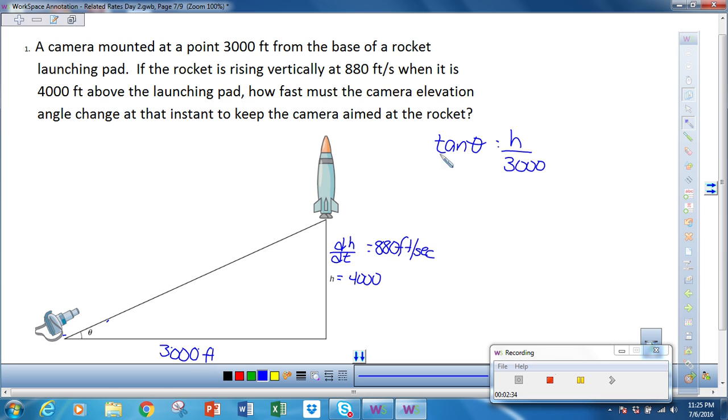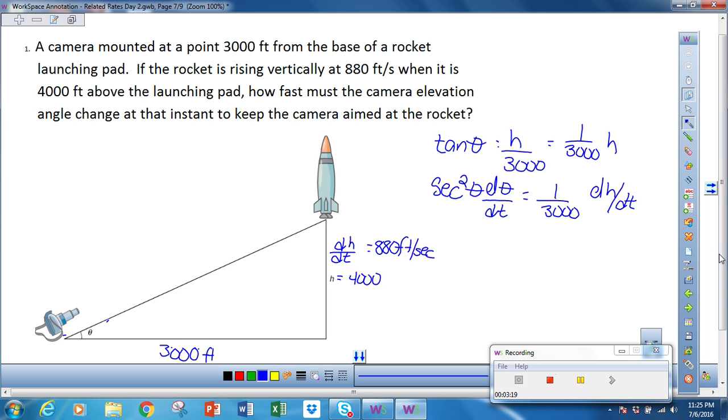So this is going to give me the derivative of tangent theta, if you recall, is secant squared theta. Using chain rule, that will give me d theta dt is equal to, well, we can write this as 1 over 3,000 h. This is a constant. So this constant remains the same, and then we multiply by dH dt when we take the derivative.